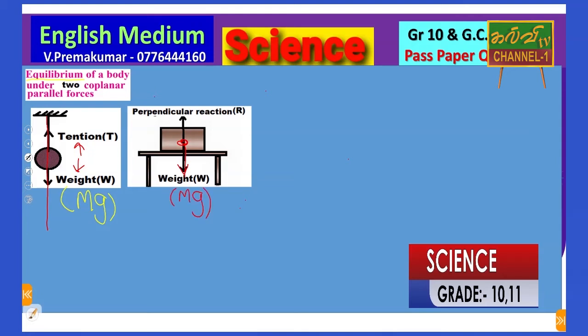Under Newton's third law, there is an opposite reaction, right? So that is the perpendicular reaction. If the weight is 90 Newton, the perpendicular reaction is also 90 Newton, and both lie in the same line.